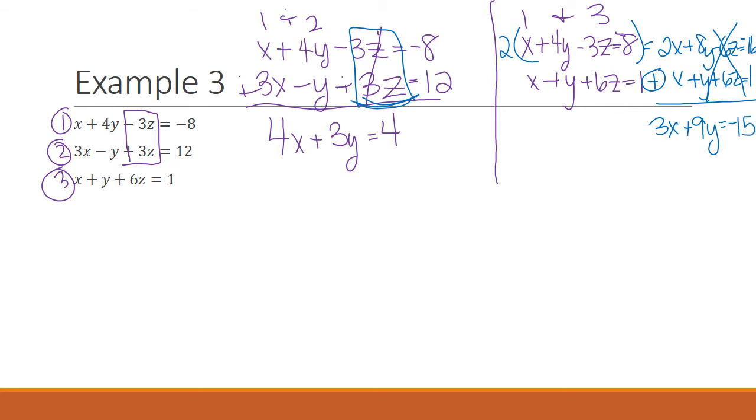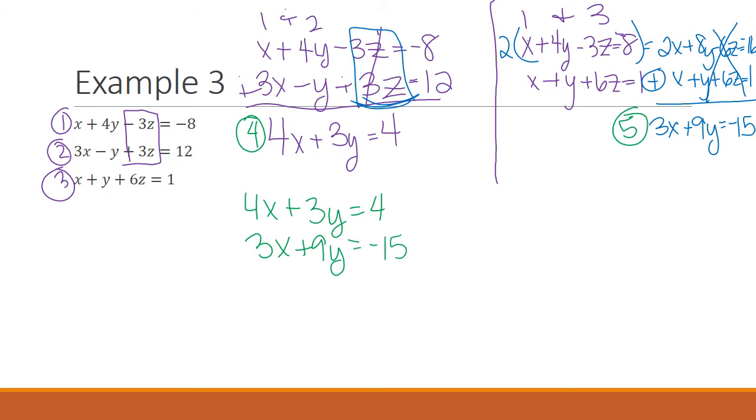Okay, so now I've got equations 4 and 5, and I've got two equations and two variables. So this becomes just like we did in the last section. We take that 4x plus 3y equals 4, and 3x plus 9y equals negative 15, and I want these to cancel out.